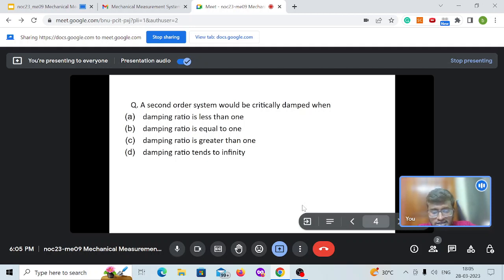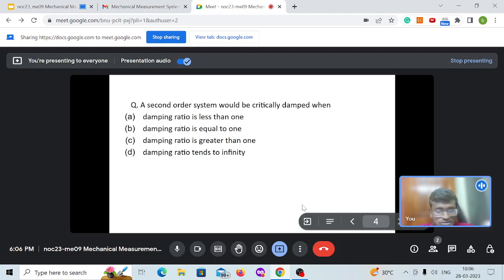So in the second order system, the case can be undamped, underdamped, critically damped, or overdamped. So these cases all depend upon the damping ratio. The damping ratio is defined as C by Cc, where Cc is the critical damping.